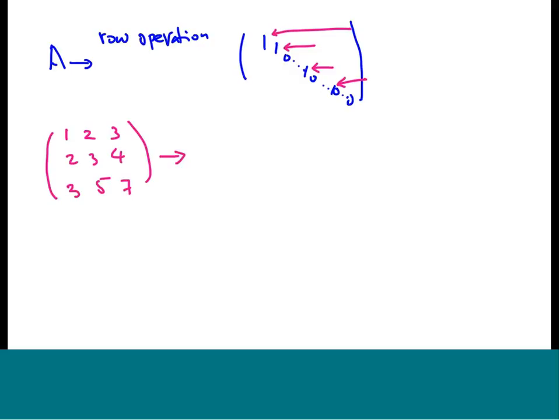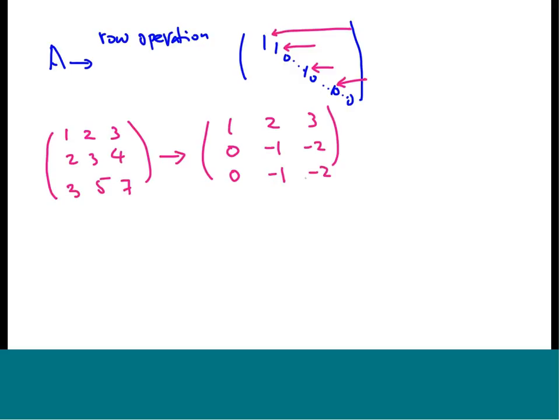Keep the first row, 1, 2, 3. Second row minus two times the first row gives 0, -1, -2. Third row minus three times the first row gives 0, -1, -2 again.